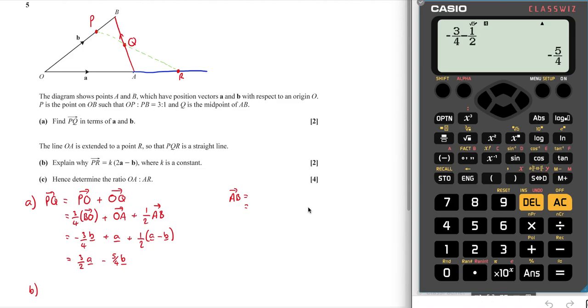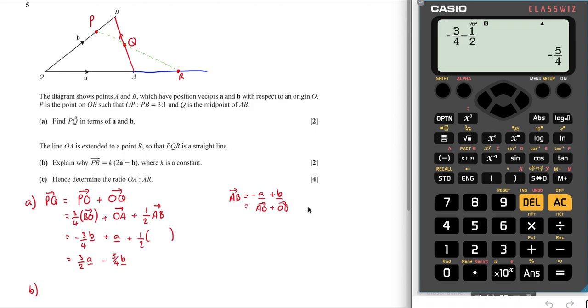So AB should have been backwards along A, so that was negative A plus B, because I should have gone AO plus OB. So that means that's going to change that in the brackets.